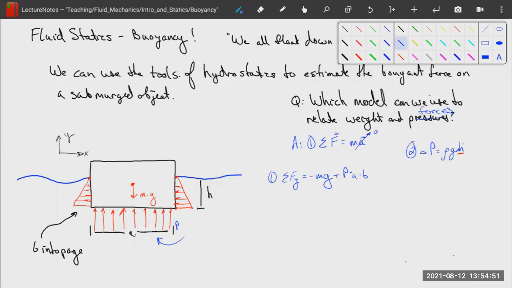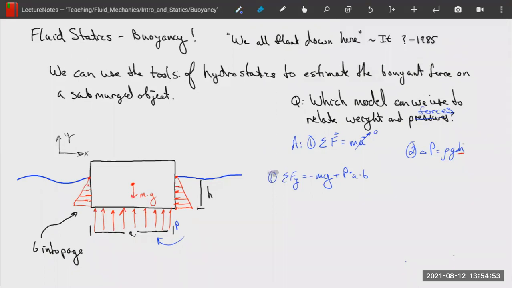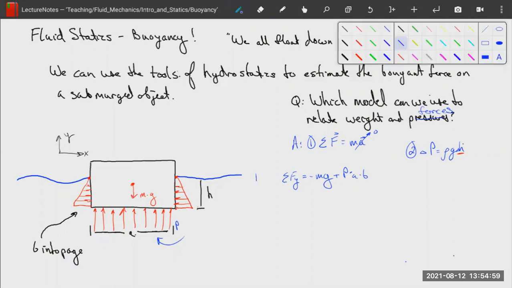And I didn't exactly label this equation very well. So let's relabel this equation. This equation is actually 1 into 3. So now if we take 3 plus 2 and go into 4, we're going to say that, and this is all equal to 0. 0 is equal to negative mg plus pressure. Our equation for our pressure then is rho gh.